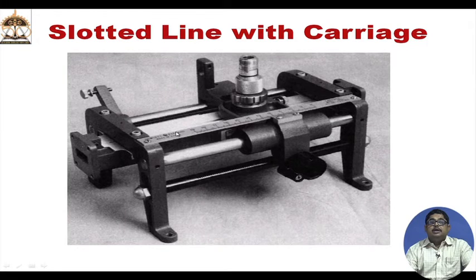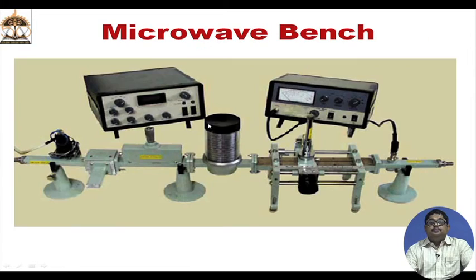We have discussed in the case of the rectangular waveguide TE10 mode that in the middle we cut a slot. In that slot this carriage moves, basically the detector is moving and it can sense the electric field. The electric field is also highest at the minimum, so it has a good sensitivity to detect that.